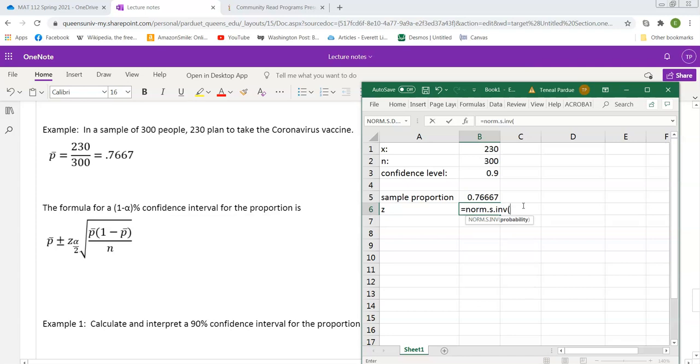So that's going to be 1 minus our confidence level. And on all of these, we have to refer directly to the cells. If we type this in as 0.9, the template is not going to work because we want it to be able to update when we just change these 3 cells up here.